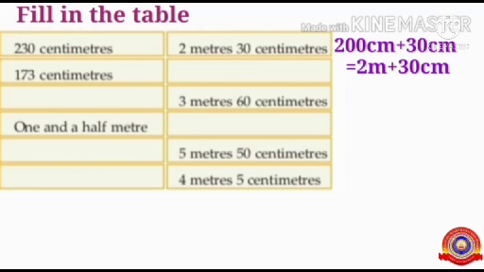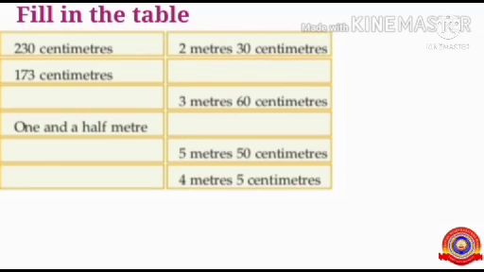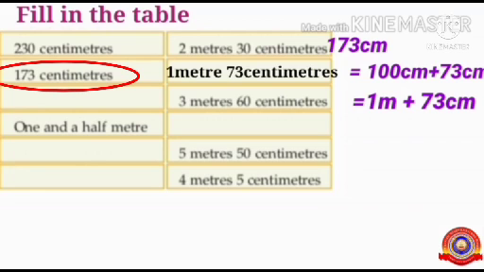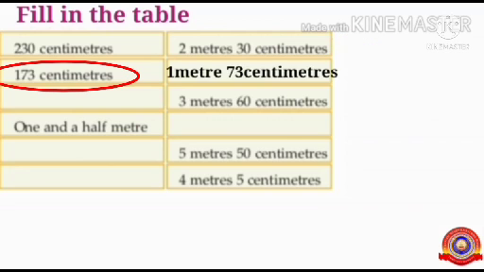So 230 centimeters equals 2 meters 30 centimeters. Next we can split 173 centimeters into 100 centimeters plus 73 centimeters, which is equal to 1 meter plus 73 centimeters. So 173 centimeters equals 1 meter 73 centimeters.